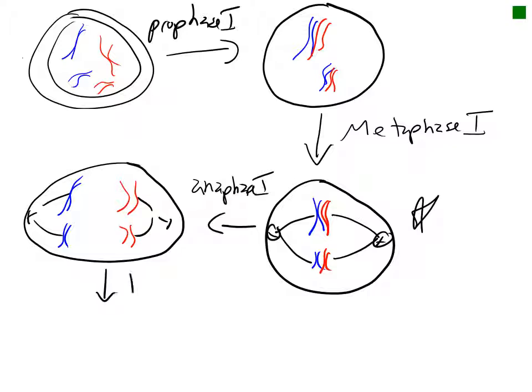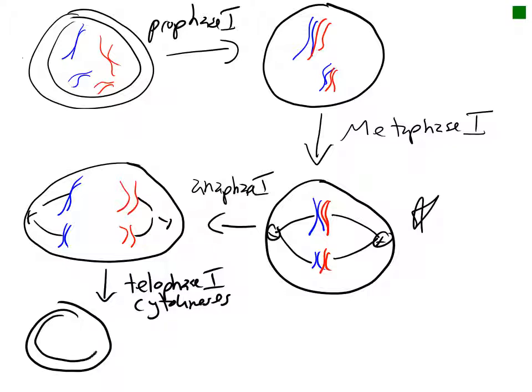The cell will then undergo telophase 1 and cytokinesis, forming two separate cells with a nucleus intact, each containing the sister chromatids that were pulled to the opposite sides of the cell during anaphase 1.